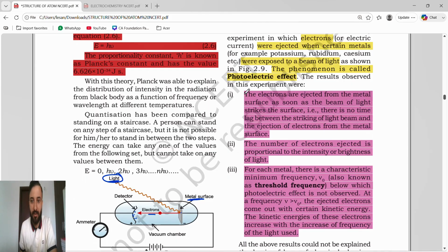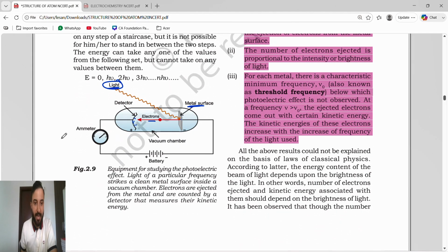Guys, let's read this. This is the result we observed from the photoelectric effect. In the examination they will ask for the result, so you have to write the observations or the result from the photoelectric effect. And this diagram is there, guys.